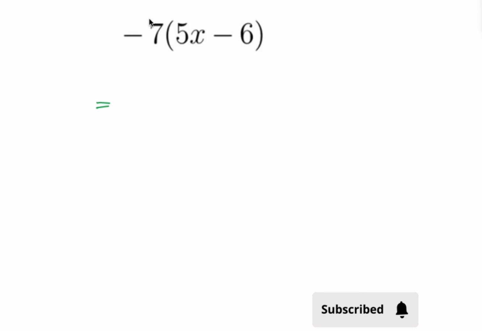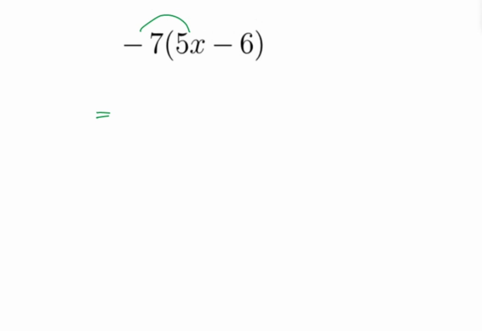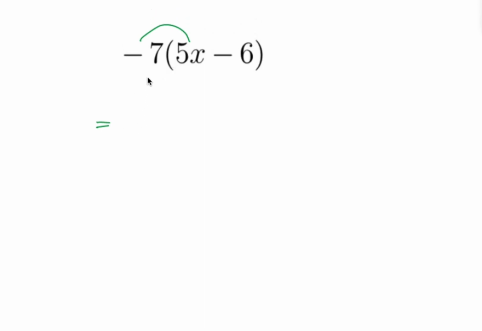Okay. Now here multiply minus with -7, so all sign will be changed. -7 times 5x. So here -7 multiply with 5, -35x. Can you see 5x was positive, now this one negative.